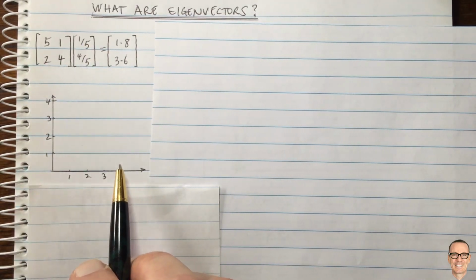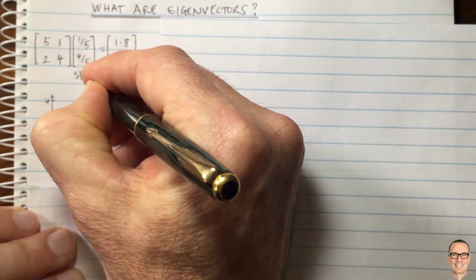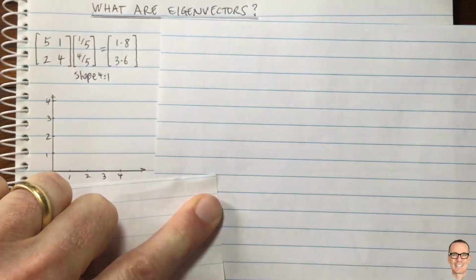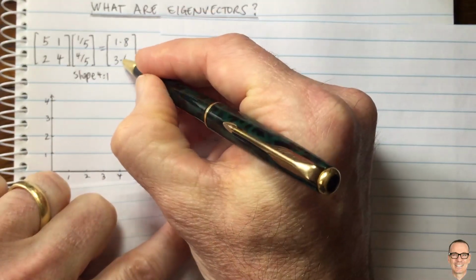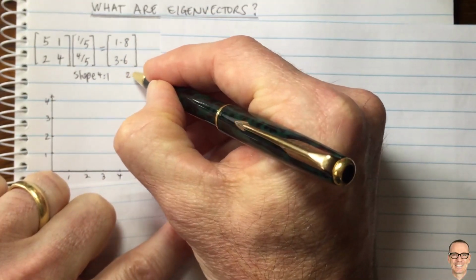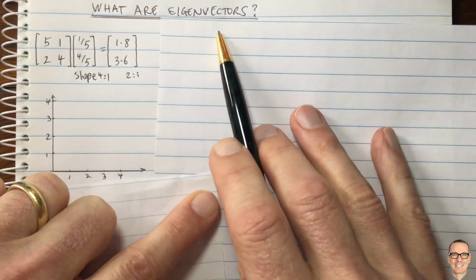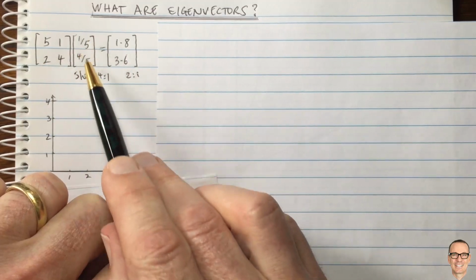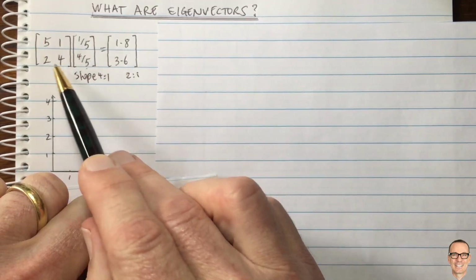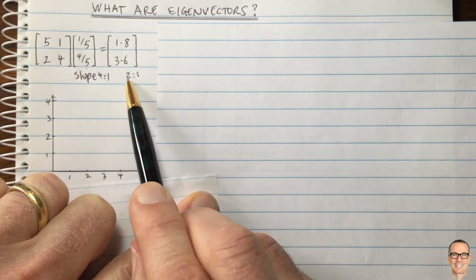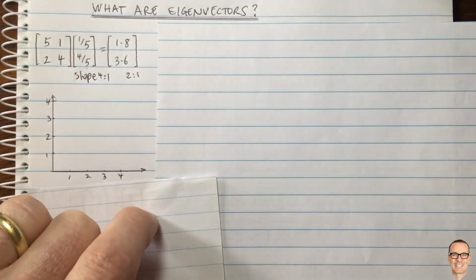I might write here, slope 4 to 1. Now, what about the output vector? The output vector has a slope of 2 to 1 because 3.6 is double 1.8. So in this case, the matrix has transformed a vector with a slope of 4 to 1 into a vector with a slope of 2 to 1.